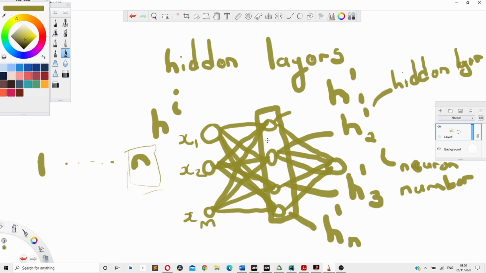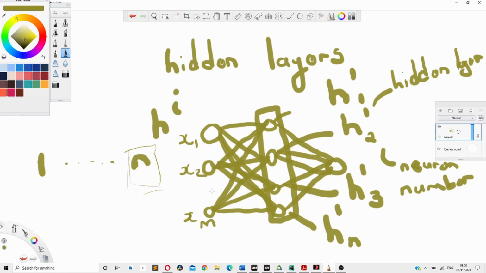The reason is that in our input layer we have 3 neurons, but in our hidden layer we have 4 neurons. So the input layer and the hidden layer are going to have a different number of neurons. That's why we used different letters. Sometimes your input layer may have 10 neurons, and your hidden layer something like 20 neurons. So I hope you understood this.